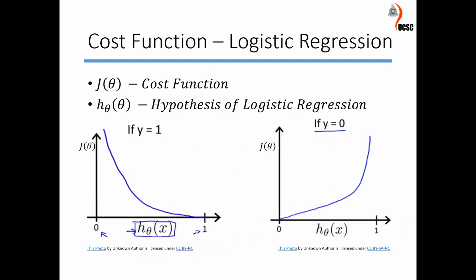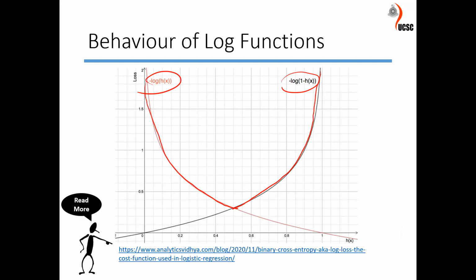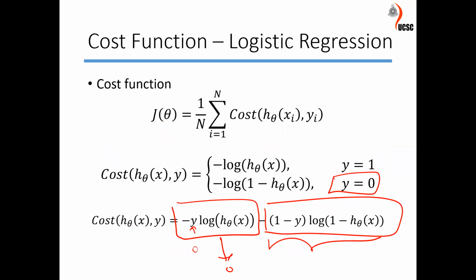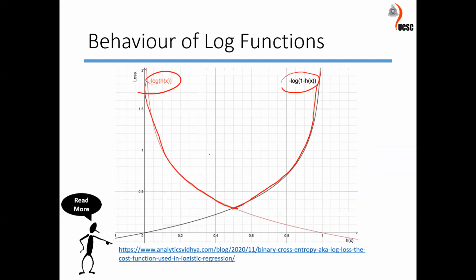Then if you can see this, here we have our class 0 and 1. So if our y is equal to 1, we should consider only this, minus log h x.